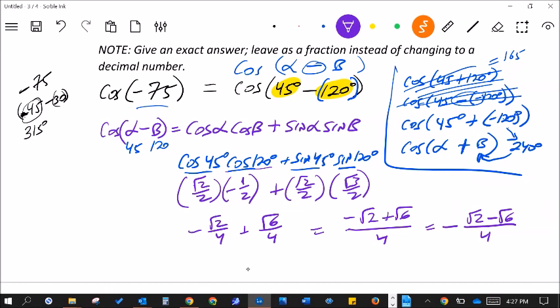That's because if I take the negative from the top, I have to take it from both things. So I would have to do this kind of thing. Negative square root of 2 minus the negative square root of 6. So I'd be taking a negative 1 from here and a negative 1 from here. And that would still then be a subtraction. It's easiest just to leave it this way.